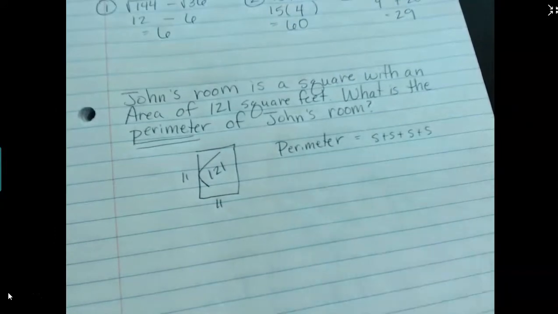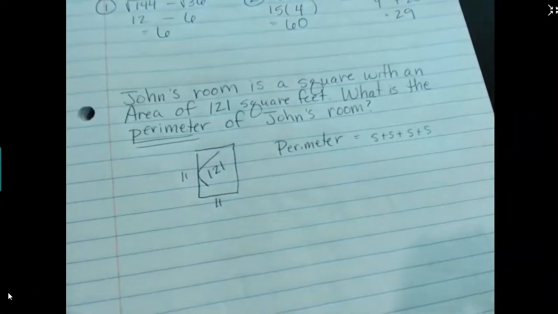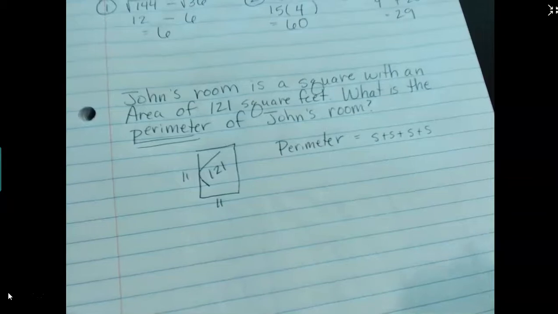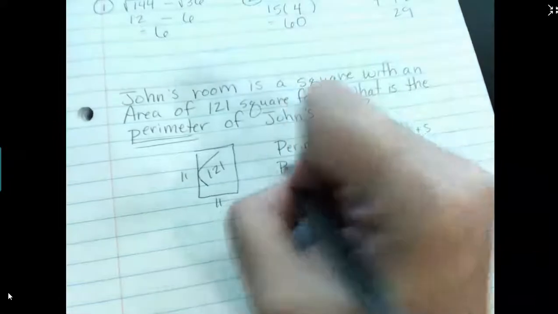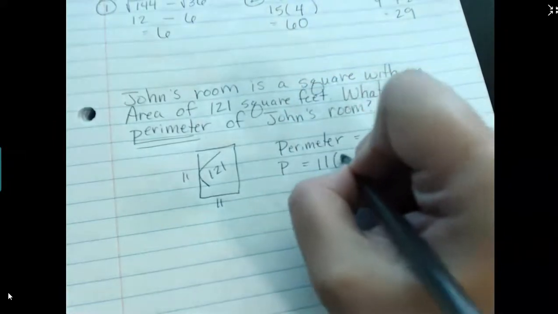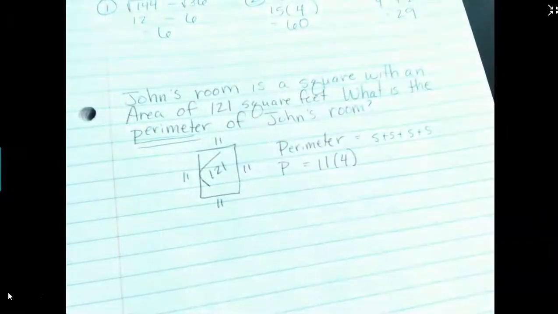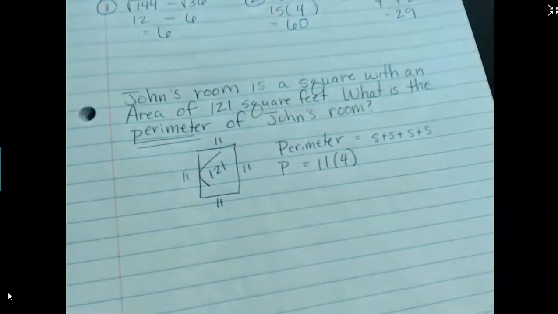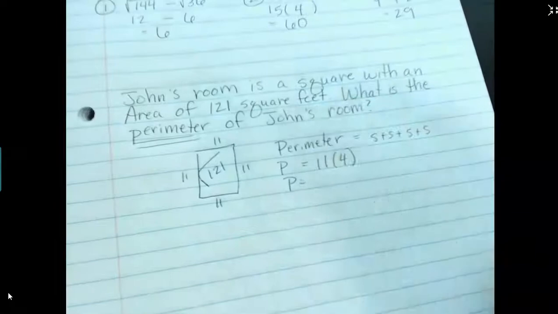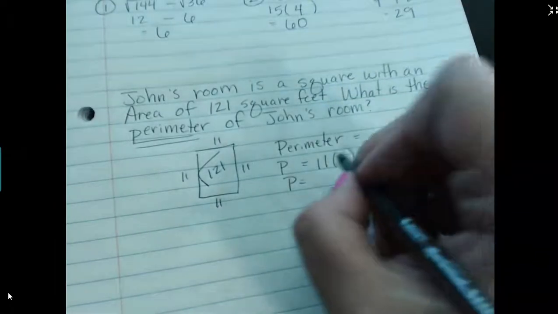I know some of you wanted to divide by 4, but that is not how you do it. You take the square root of 121 to get 11. Now we're going to find the perimeter. We're just going to say 11 times 4, because it's a perfect square. So 11 times 4, the perimeter is equal to 44.